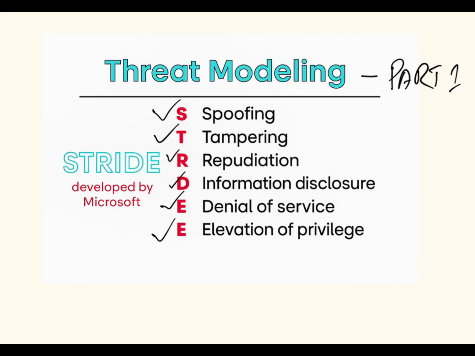So, in an upcoming session, we will walk through step by step with a sample web application scenario, and we will focus on all these categories one by one, because this is very high level. We will discuss the technical examples of every single category.